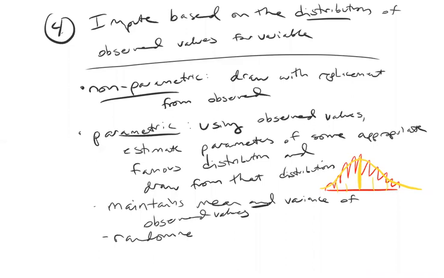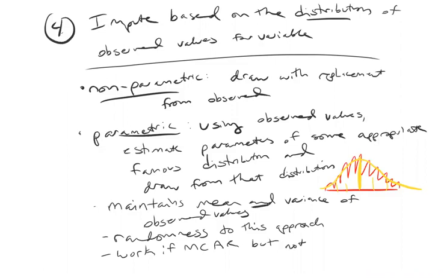So if you and a friend each use this approach, you will end up imputing different values for the same person. That's okay. It's why you need a seed when you are drawing random values, but it's just something to note. This method works pretty well if you have missing completely at random, because it maintains the mean and variance of the observed values, which is fine if you just have a random subset of the data.